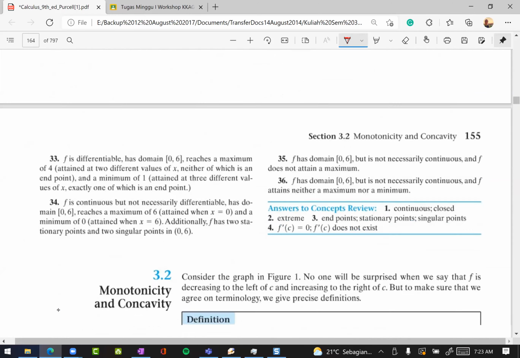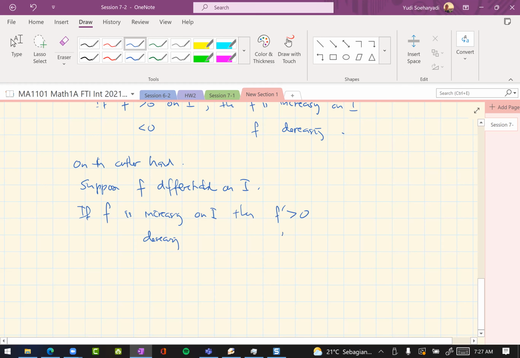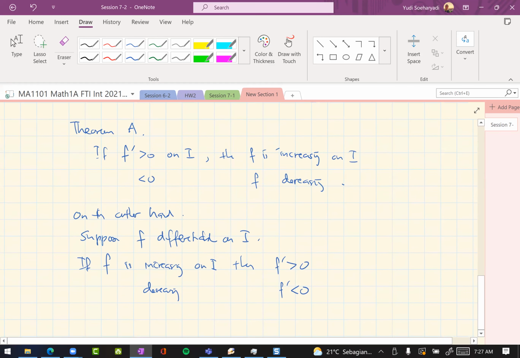On the other hand, we also have: if f is differentiable on an interval, and if f is increasing on this interval, then the derivative is positive, and if decreasing, the derivative is negative.